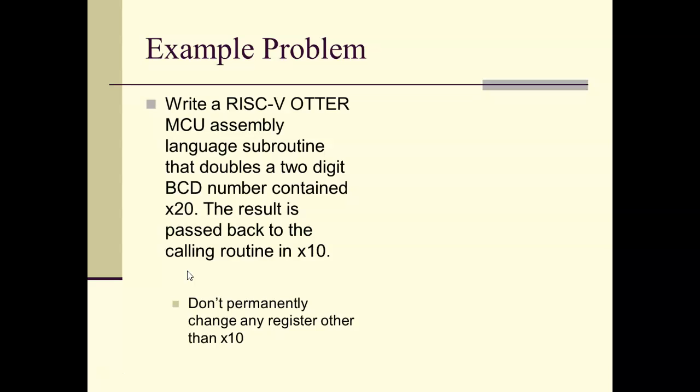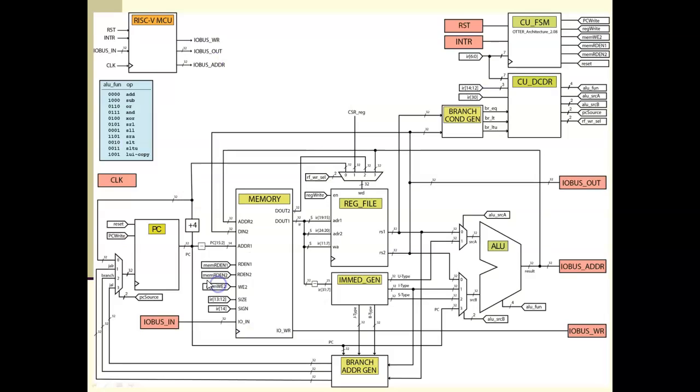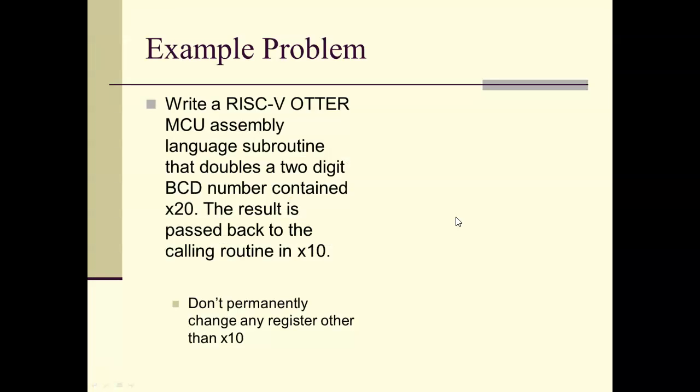Now, in x20, we'll put it right here. Got the pen. It's x20. The value looks like this. This is x20. There are 4 bits here.